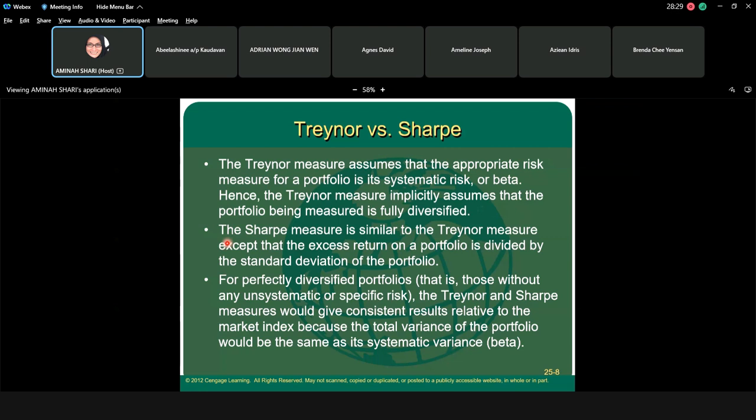Okay, and then the second point here is the Sharpe measure is similar to Treynor except that the excess return is divided by standard deviation. Okay, macam tadi I dah explain, kalau you tengok Sharpe, the formula is divided by the standard deviation. Okay, standard deviation ni dia measure the total risk of the portfolio. Okay, total risk. Okay, kalau Treynor dia hanya measure systematic risk.